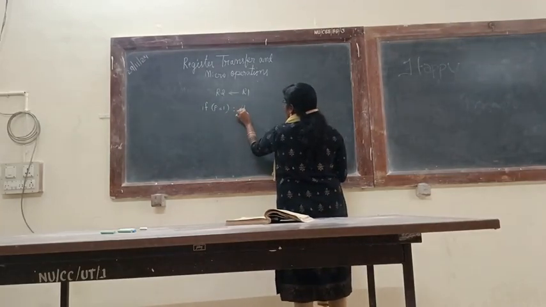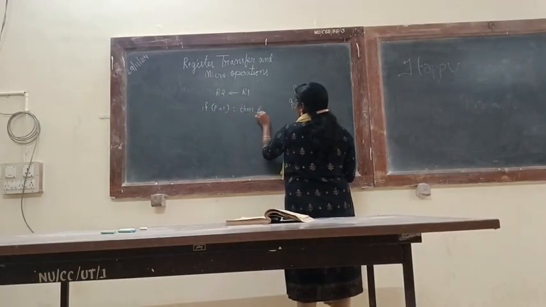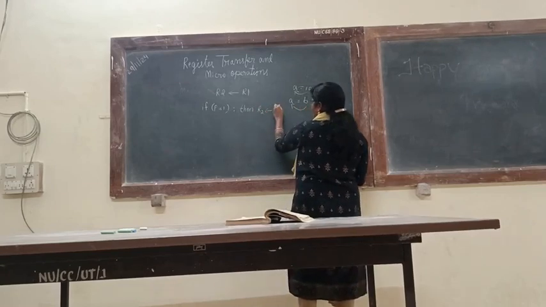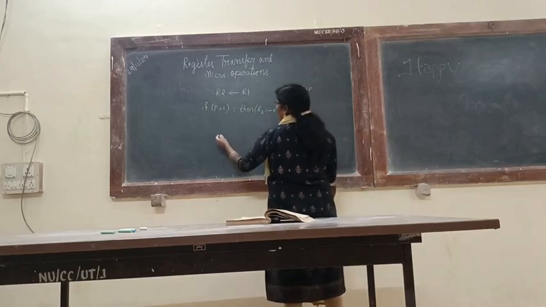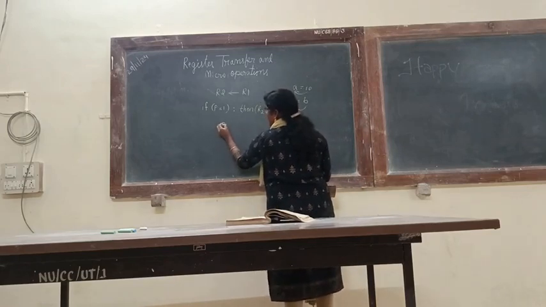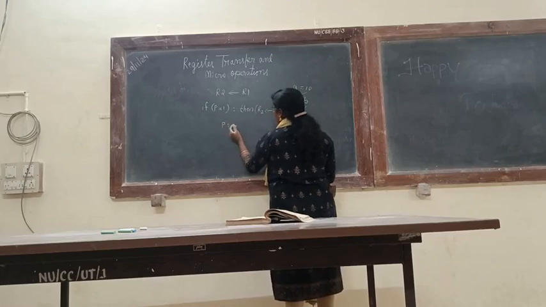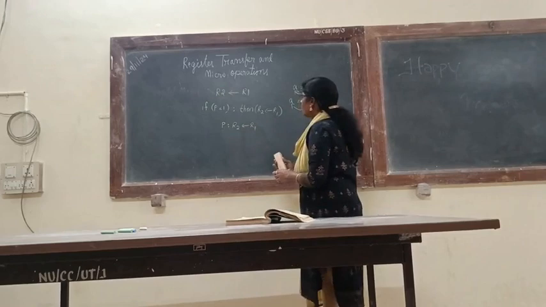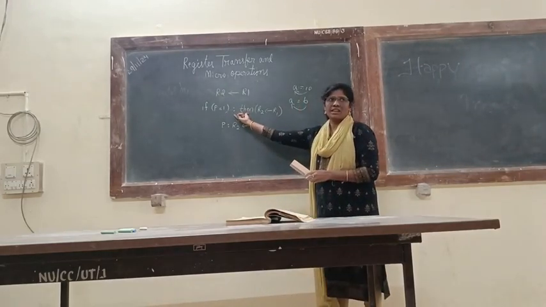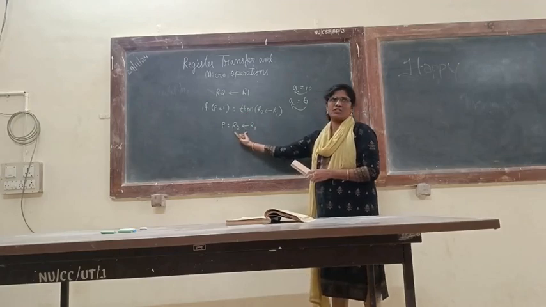We can write it like this: P colon R2 gets R1, meaning R1 is transferred to R2. It's simple language, and this is the RTL language.